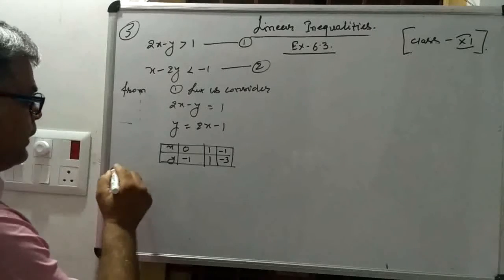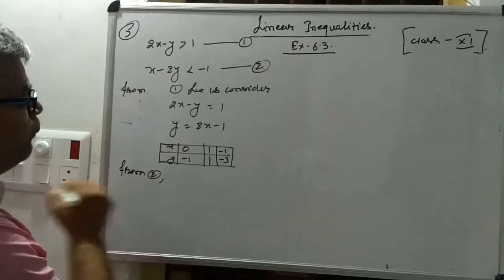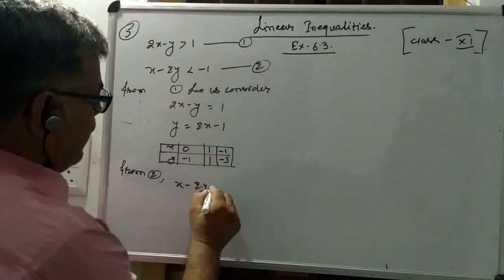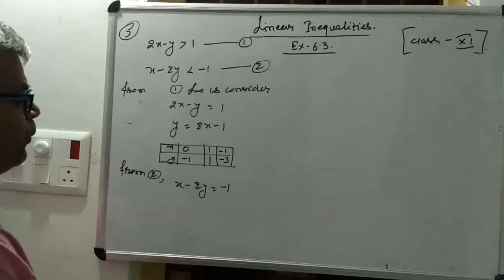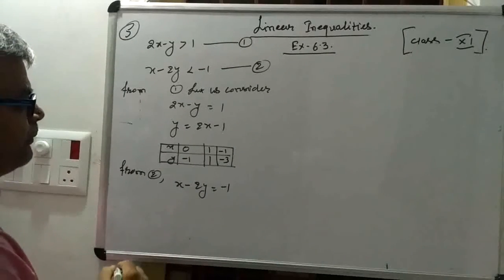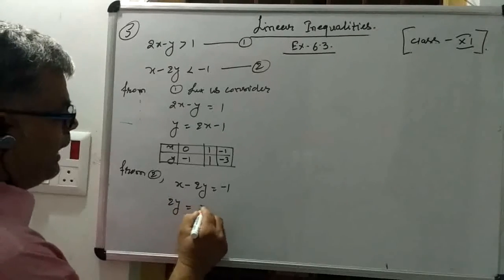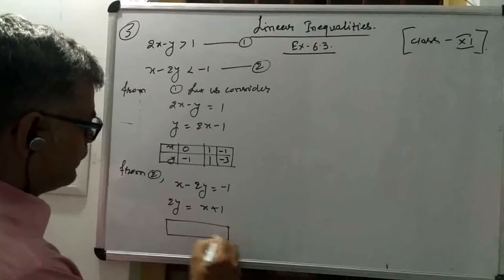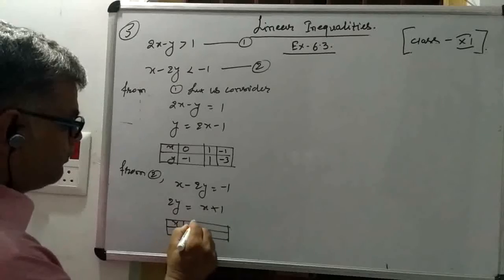Now from equation 2 also, we can have x minus 2y equals minus 1. So you can have 2y equals x plus 1. Now prepare the table. Again, x and y.